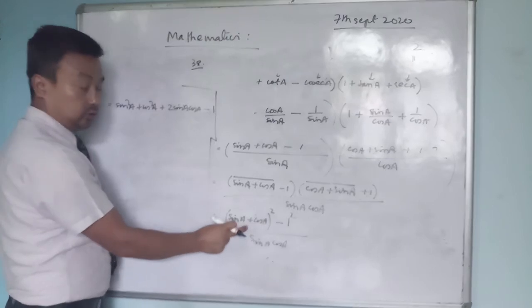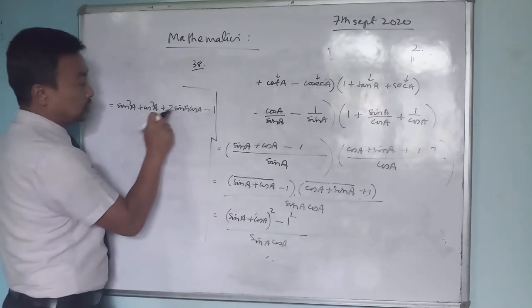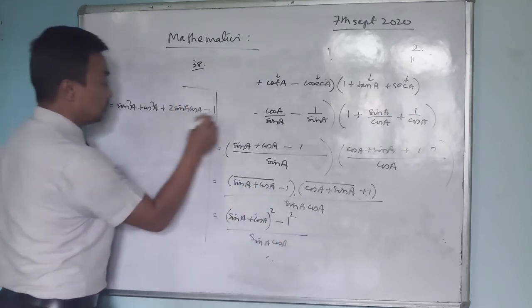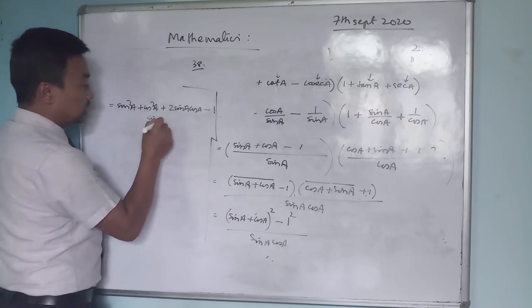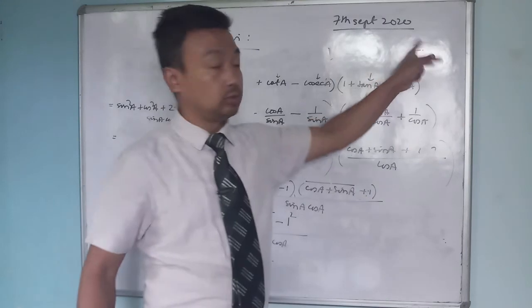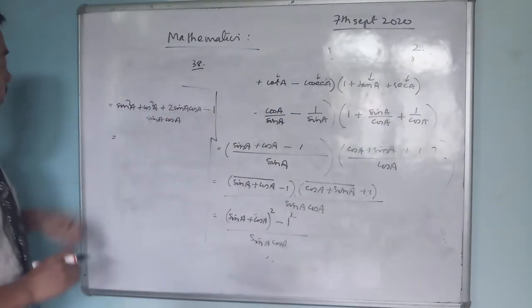Here we have used a plus b the whole square. A square plus b square plus 2ab minus this 1. Sin a cos a. We have to get only 2. There should be only 2 in the right hand side, but quite complicated.